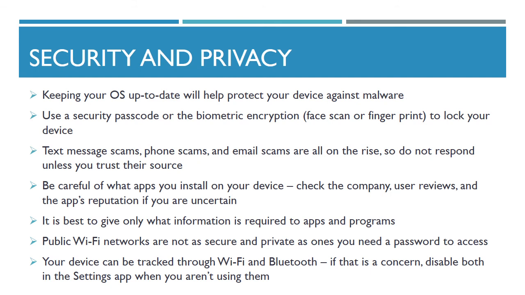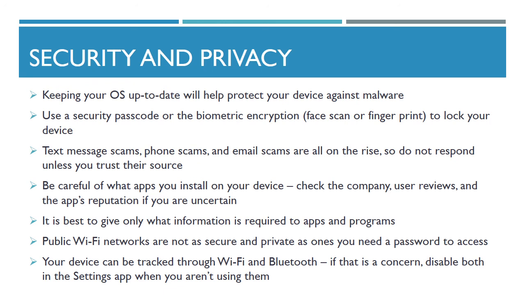And just some security and privacy tips. Like all secure computer devices, there are some steps you can take to help protect your security and privacy on mobile devices. Again, keeping the operating system up to date will include all of those security fixes.